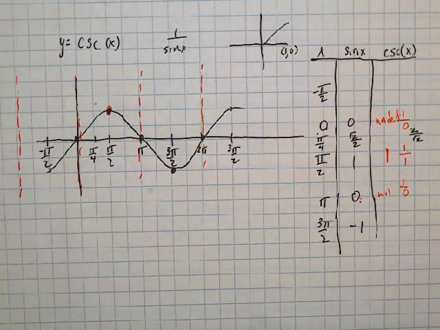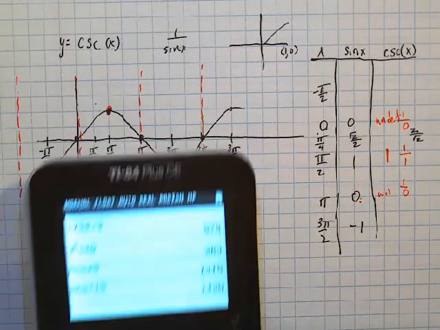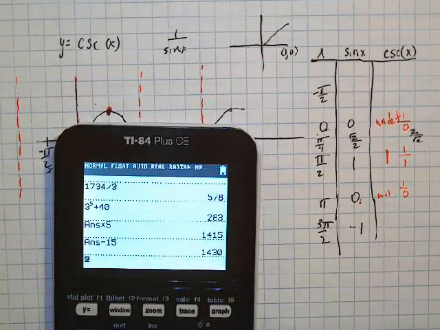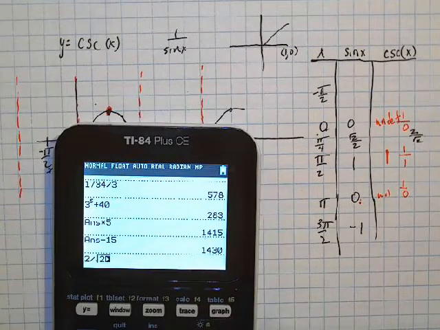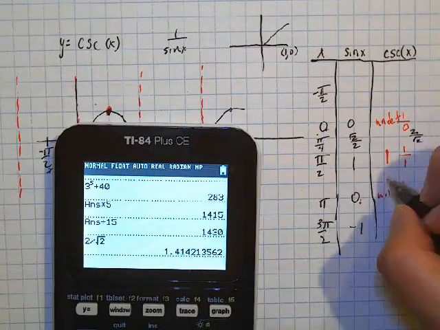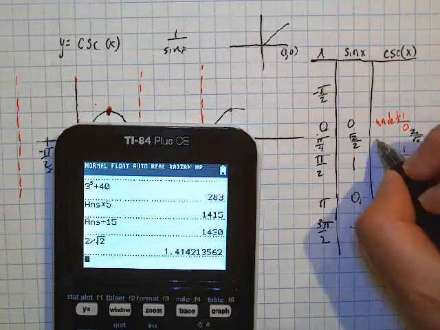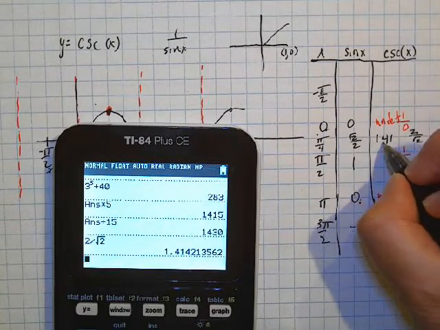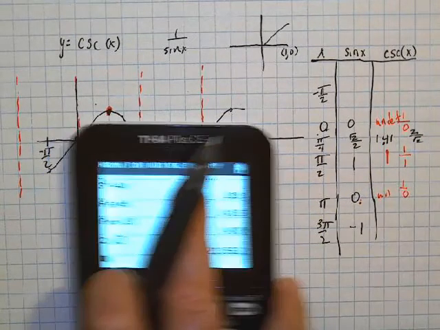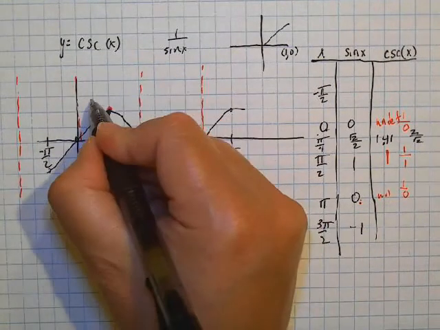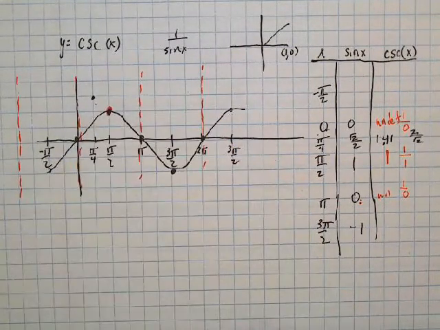I'm going to type that into the calculator and see what the decimal is. I get 1.41. So that means that at pi over 4, I'm at 1.41. It's about right in there.